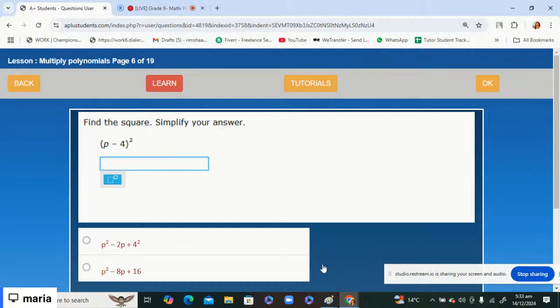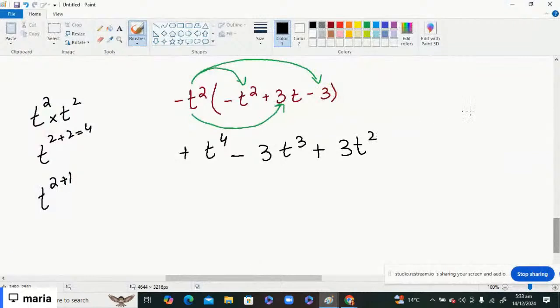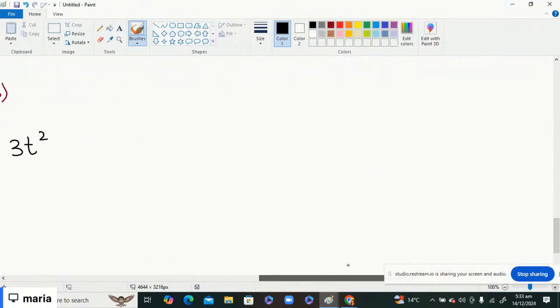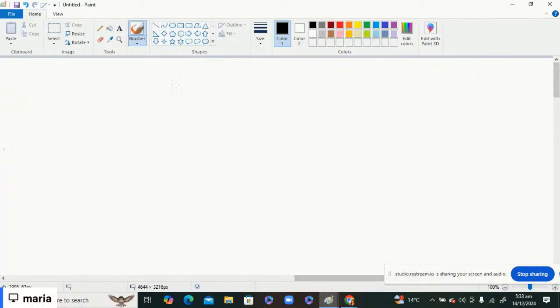P minus 4 whole square. Let's do it. So look at here. There is a proper formula here. A minus B whole square equals A square plus B square minus 2AB.